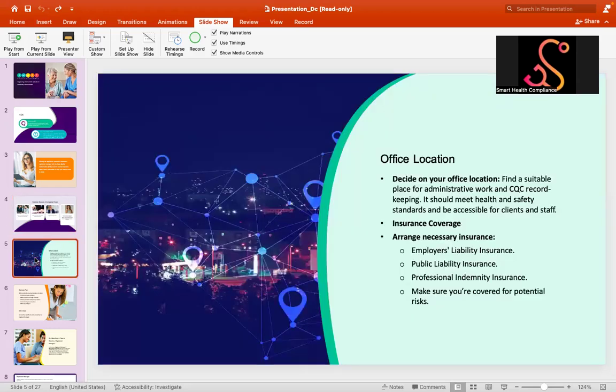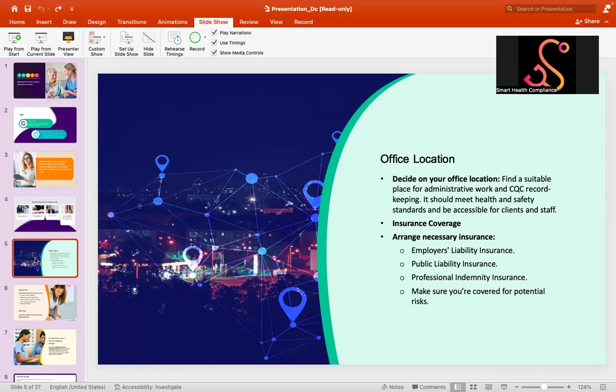When setting up the business, of course, you'll need to register the company on Companies House and you'll need to have a location for that aspect of the business. But you'll also need to have a location for your office. Now, as a domiciliary care provider, it's not as though you provide the care from a set location. But when we talk about location, we're talking about the office location.